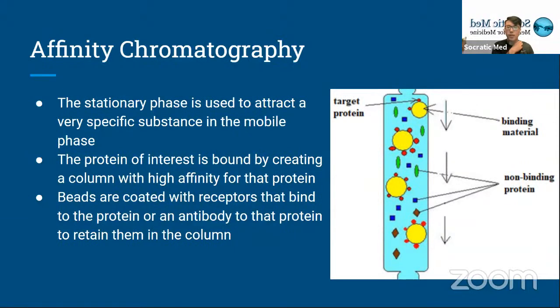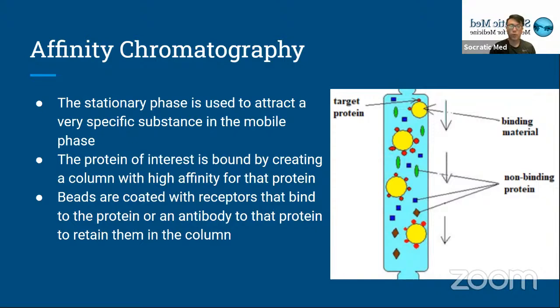The protein of interest will be bound to the substances in the column, because you create a column with a high affinity for that protein. So affinity chromatography is very specific. Only that specific substance will be stuck in the column, while everything else will pass through pretty quickly.